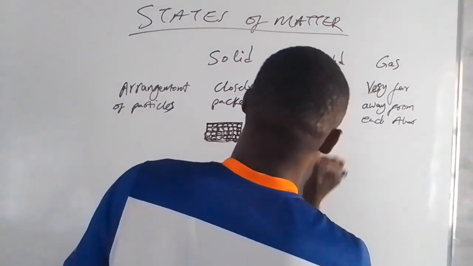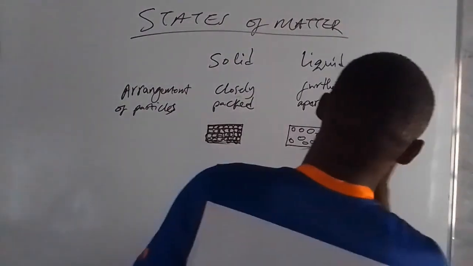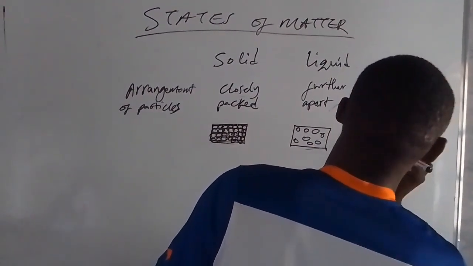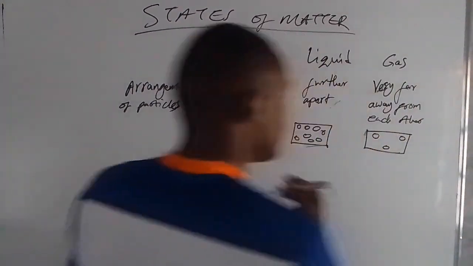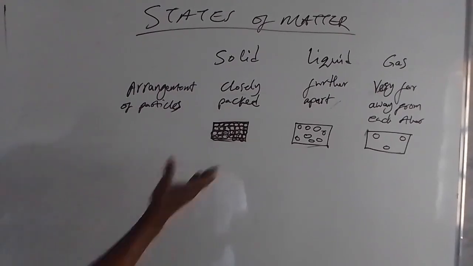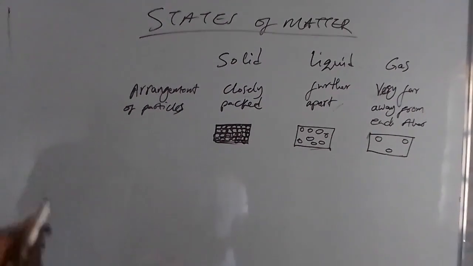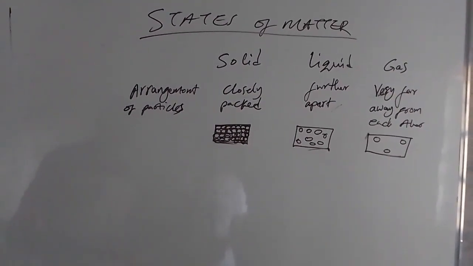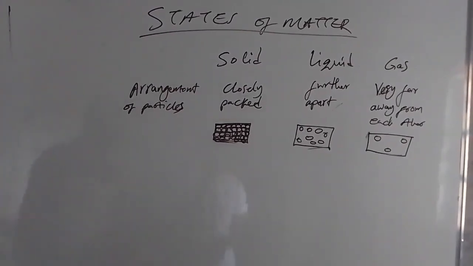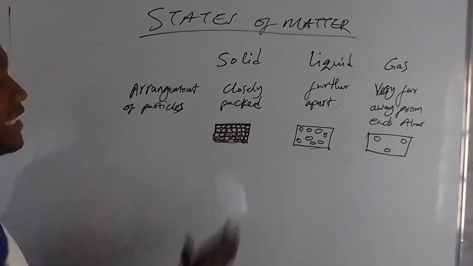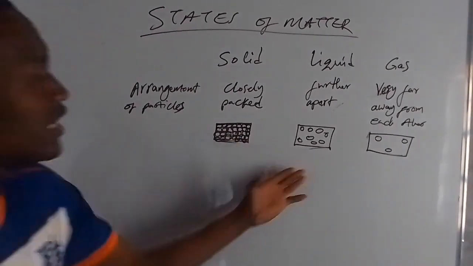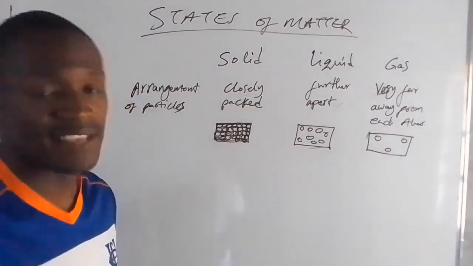Coming to gases, they are very far away from each other. Now, a question can come just using the diagram to identify the state of an object, which means we must be able to identify that this one which has particles which are closely packed is a solid, this one is a liquid, and this one is a gas.